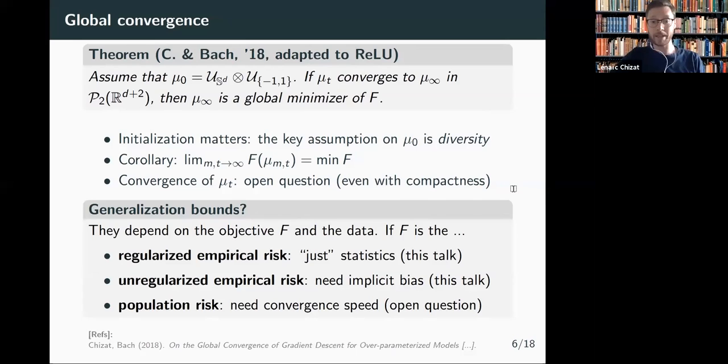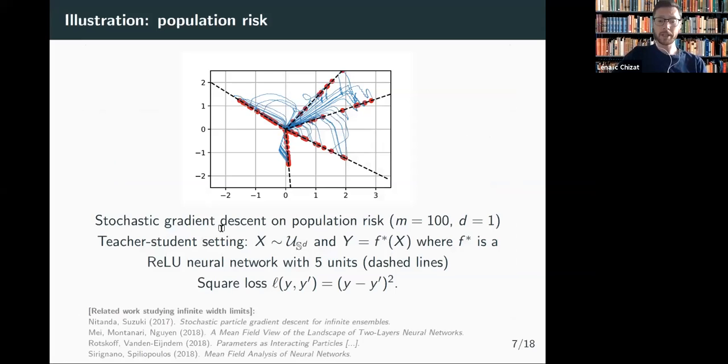But let me show you a small illustration of this global convergence result. So here it is stochastic gradient descent on the population risk in the case where the labels are generated by a neural network with the same architecture, a ReLU neural network, but with only 5 neurons. So we know that we have reached a global minimizer if the parameters of our neural network that we train are aligned with the neurons of the teacher neural network.